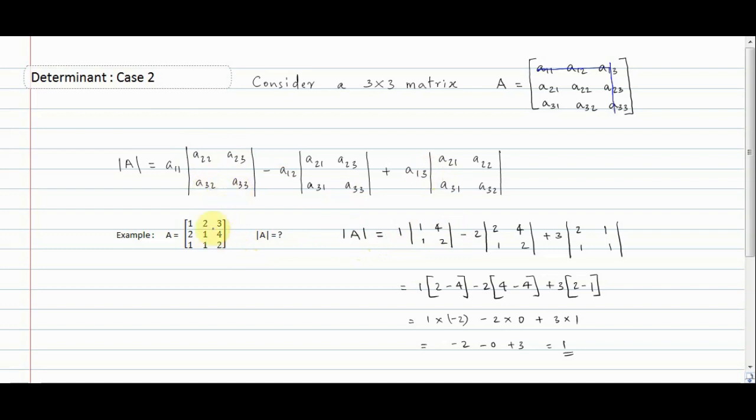So those values are 1, 4, 1, 2. So that comes here 1, 4, 1, 2. Similarly using this part we can calculate the matrix determinant value. If you do the calculation, finally you will get the value of the determinant as +1.